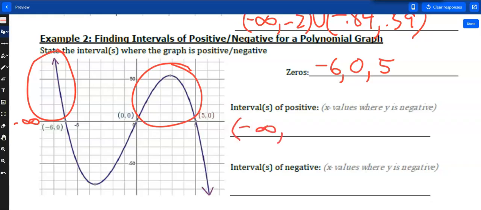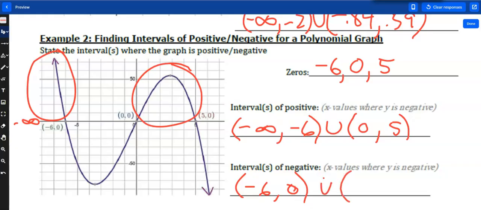So positive, we got -infinity to -6. Then from -6 to 0, it's below the x-axis. Then back up here from 0 to 5. And then from 5 to infinity, we're back down on this section of the graph, the negative section. So a couple sections above the x-axis, a couple sections below, but it's all separated based on that.